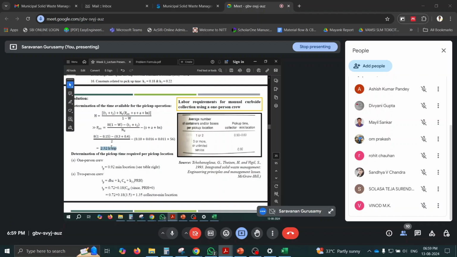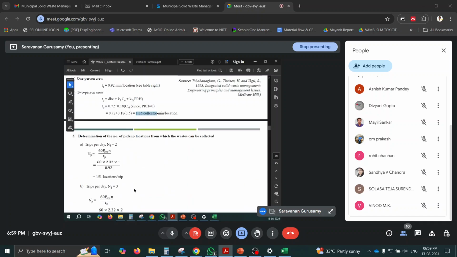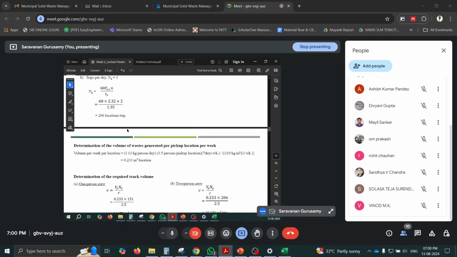So PSC is 2.32, and for a 1 person crew TP is 0.92, which was taken from the table. If it is a 2 person crew, TP can be calculated with the empirical formula. K1 and K2 are also given. PRH was not given, so we can take it as 0. So TP is 1.35. Okay, that is the collection minute per location.